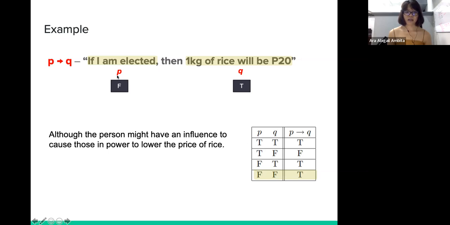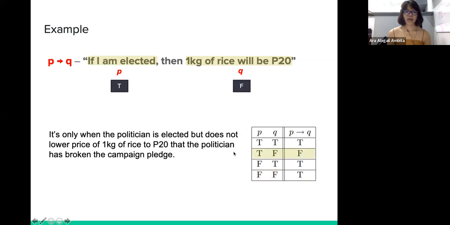So suppose the politician was not elected, but the 1 kilogram of rice is already 20 pesos, so false, true, then the condition could still be considered as true. It's only when the politician is elected but does not lower the price of 1 kilogram of rice to 20 pesos that the politician has broken the campaign pledge.